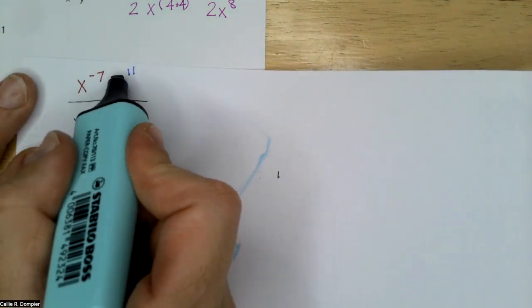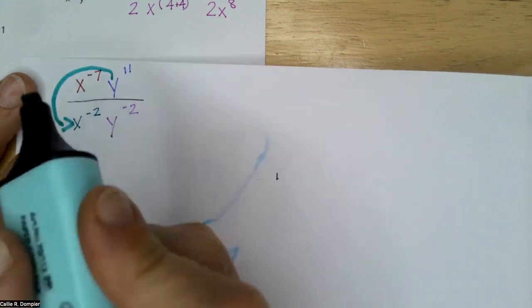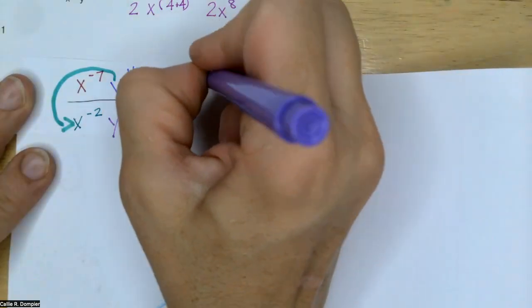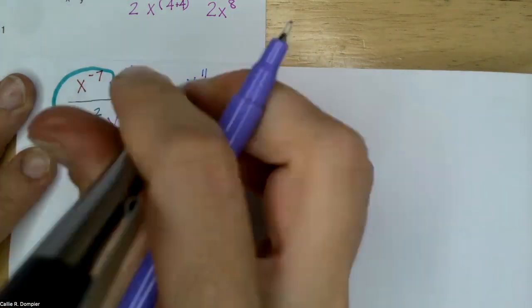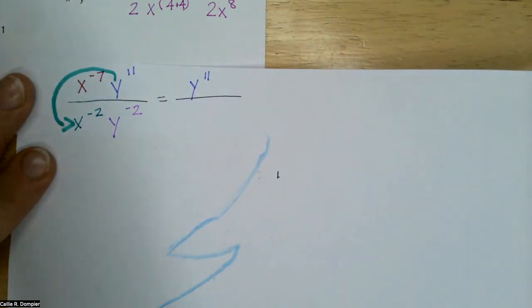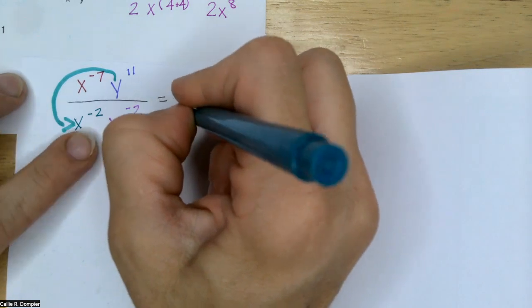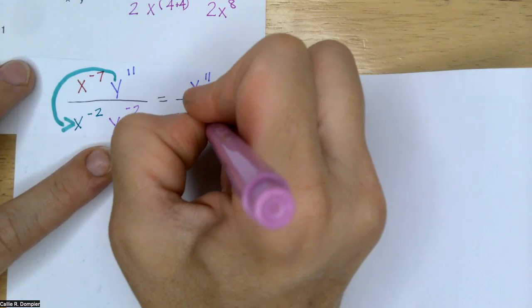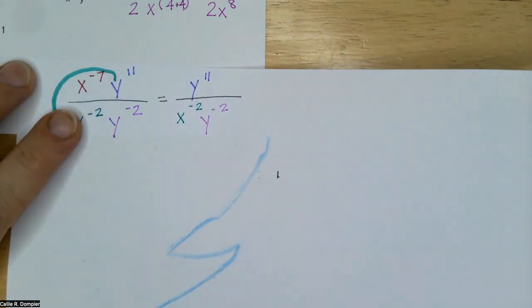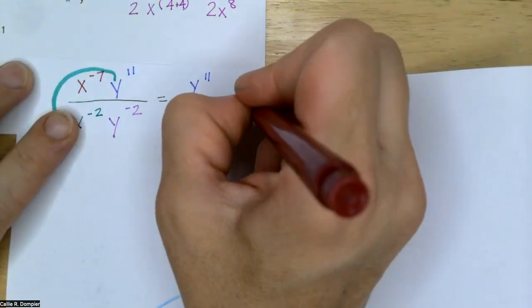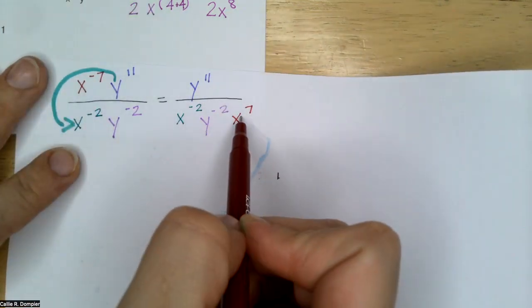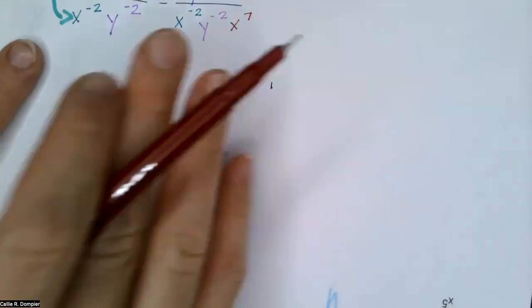This one has a negative exponent, so I need to move it down. You can do them all at once if you want, or you can do it one at a time. So now we have y to the 11th on the top. And on the bottom, we have x to the negative 2, y to the negative 2, and then we moved x to the negative 7th, so now it's x to the positive 7th. Okay, I've moved that one. That one's now positive, and that one's now positive.